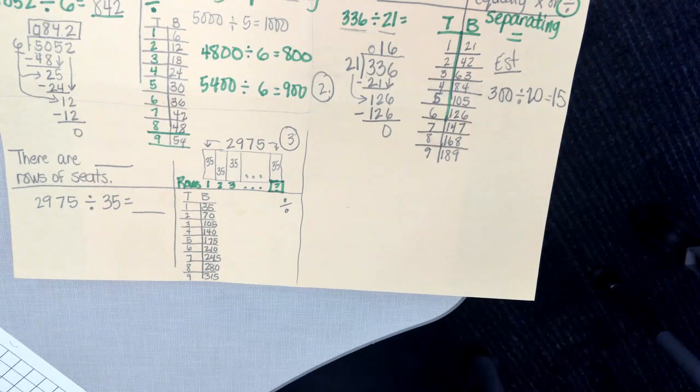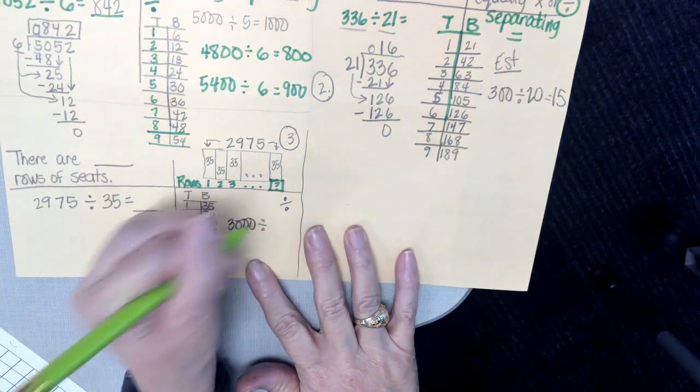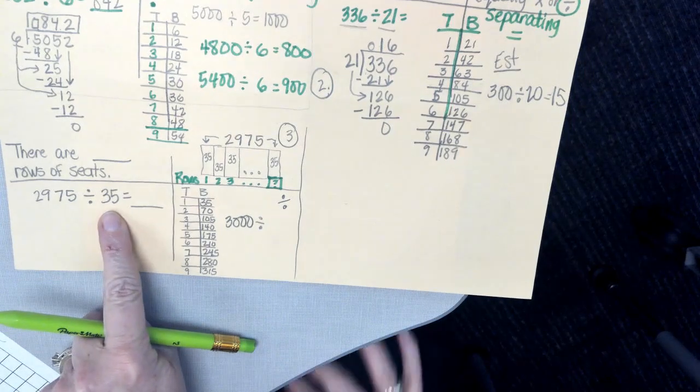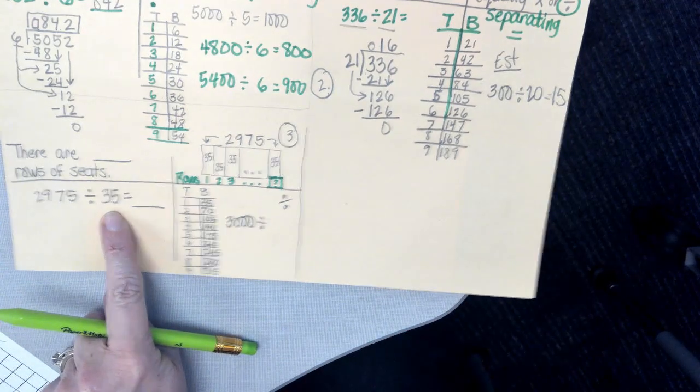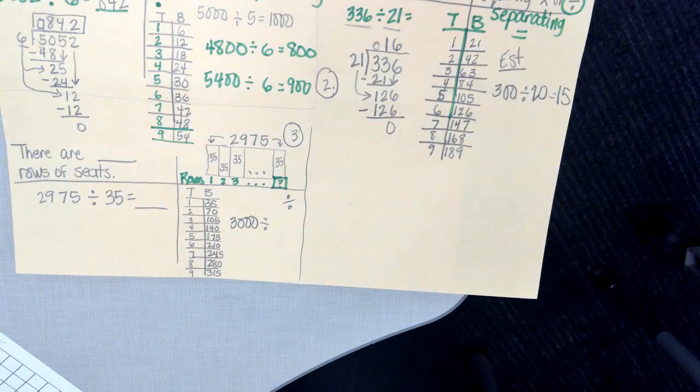What could be a quick and easy estimate for this one? What is 2,975 pretty close to? 3,000. What about 35? What do you want to make that? Something easy for 3,000. You want to make it 40? Does that look easy? 30.